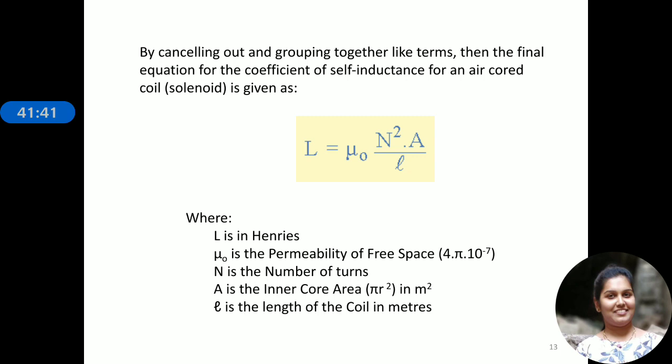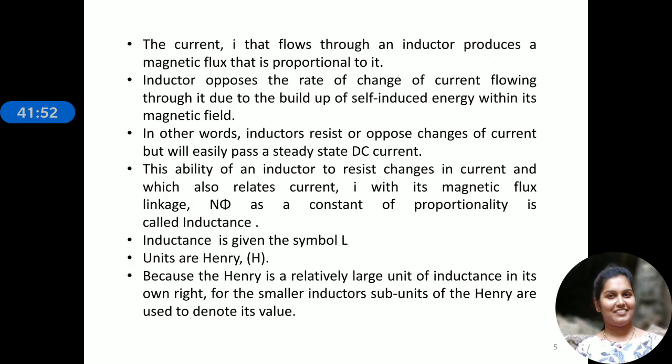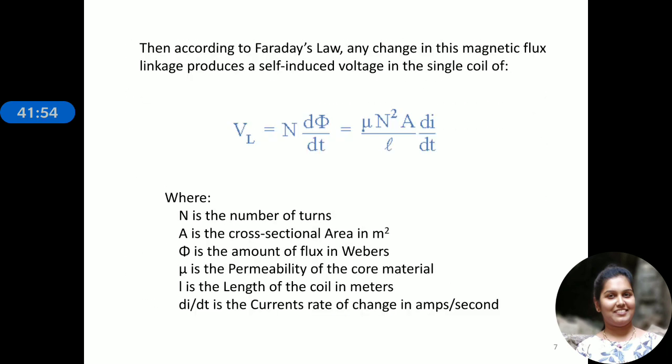By knowing these points, we have discussed what is meant by inductor, what is meant by inductance, and on what factors inductance depends, and the voltage expression that we give for inductance.